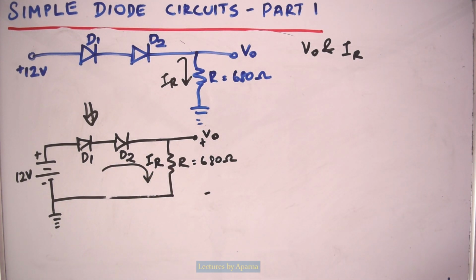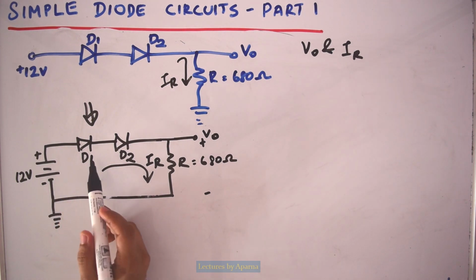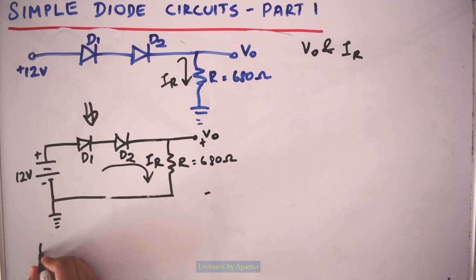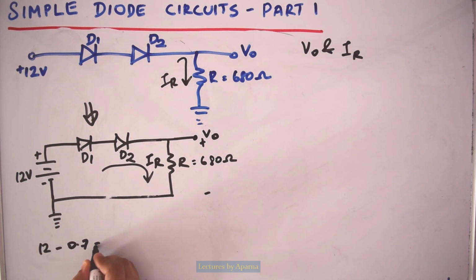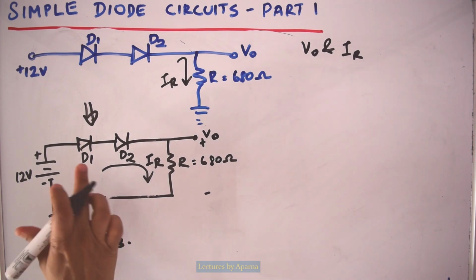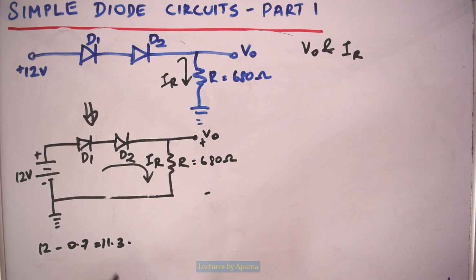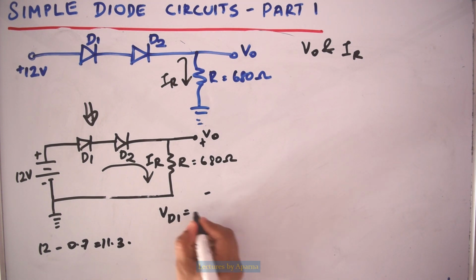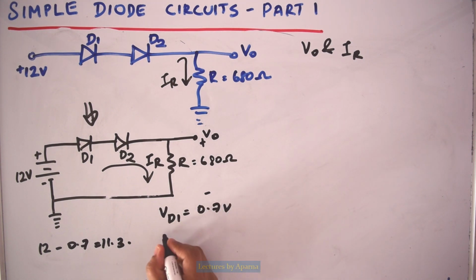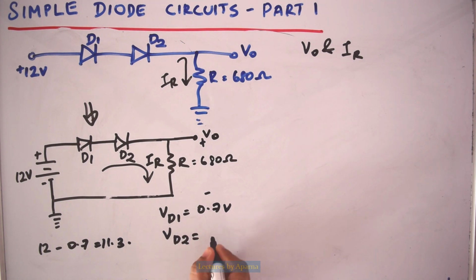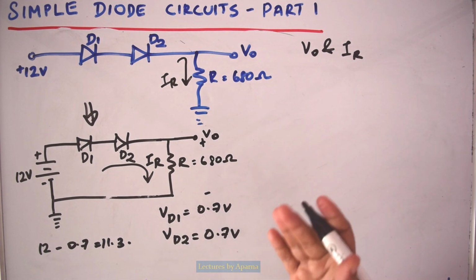So this 12 volt will forward bias D1, and 12 minus 0.7 equals 11.3 volt. That 11.3 volt will forward bias D2. So across D1 the voltage will be 0.7 volt and across D2 also 0.7 volt. Now you have to apply KVL here.